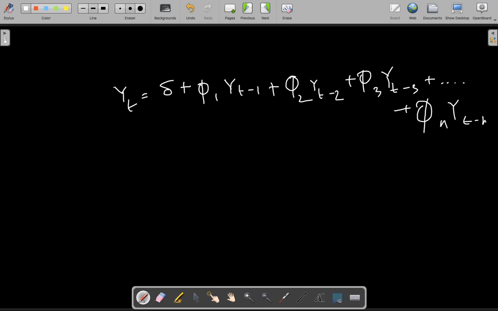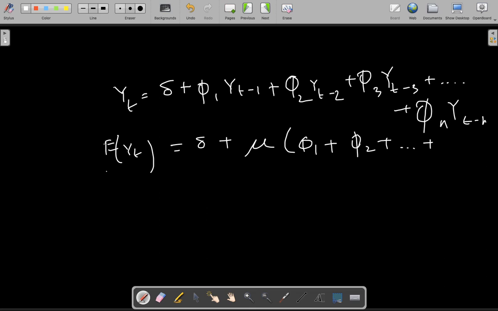Here again, if you take expectation, the expectation of y_t is mu. You take expectation of delta, which is a constant, and then all the y_(t-1) and the rest lead to mu. So you can write mu times (phi 1 plus phi 2 plus dot dot dot plus phi n).